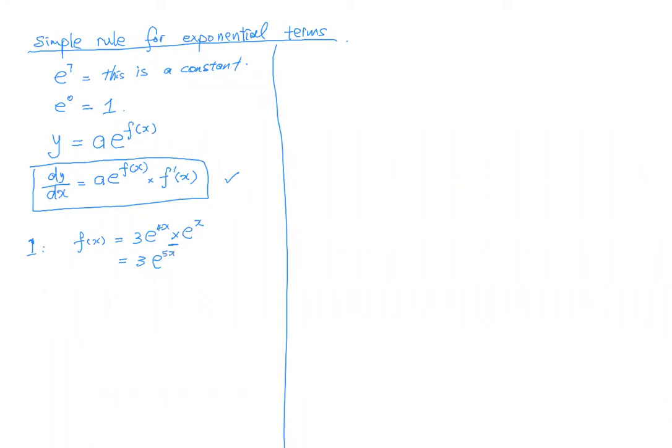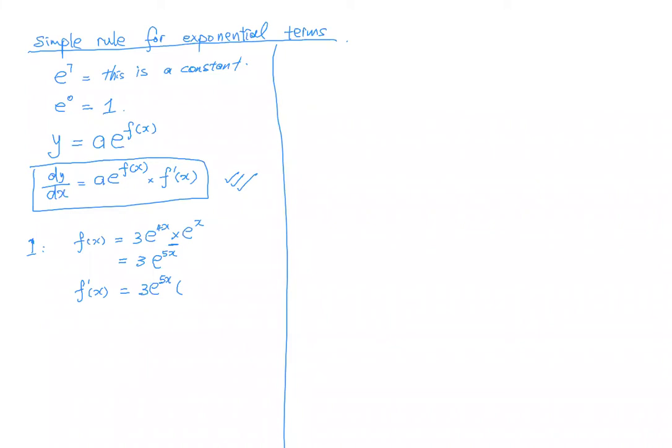So now I find the derivative, or the slope function, or the rate of change function. Now I'm going to apply the formula. Okay, Amanda, apply this formula. Tell me what to write down. 3e to the power of 5x times by 15x.